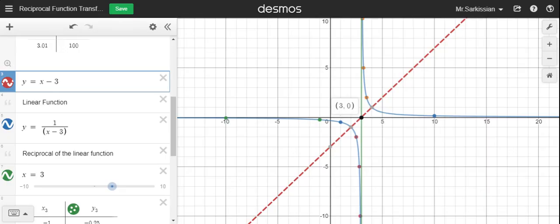It's a vertical line. But x equals 3 for the linear function, y equals x minus 3, represents the x-intercept. So if instead of a straight line, we have a parabola, or some other kind of curve, maybe cubic or quartic, and if we have 2 or 3 or 4 x-intercepts, and those are the roots of the denominator, then we are going to have 3 or 4 vertical asymptotes accordingly.